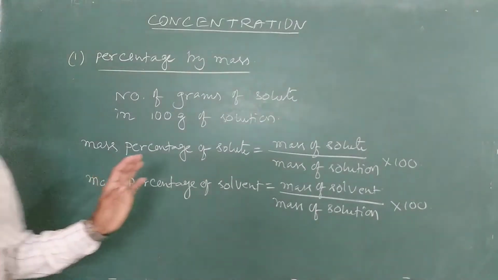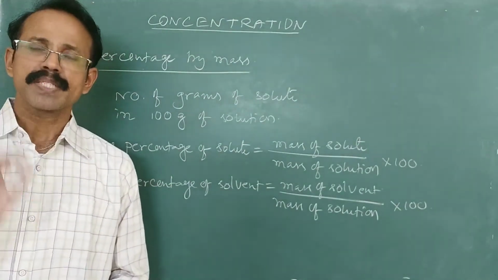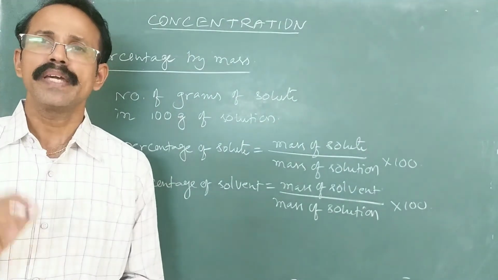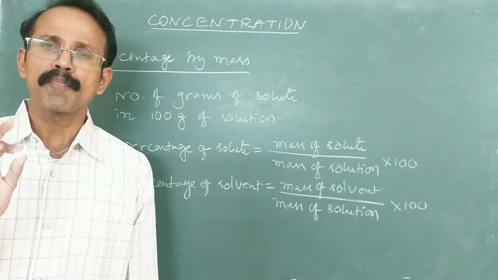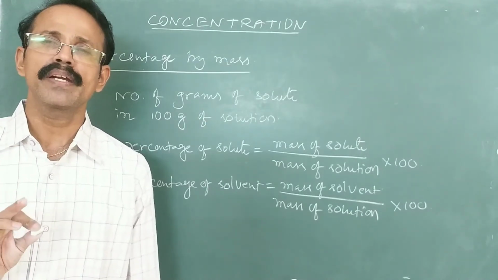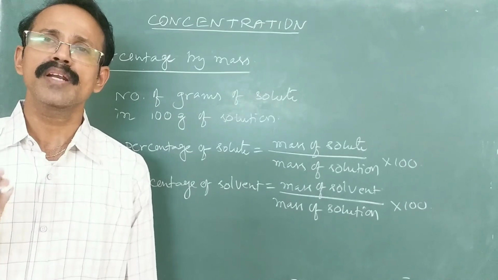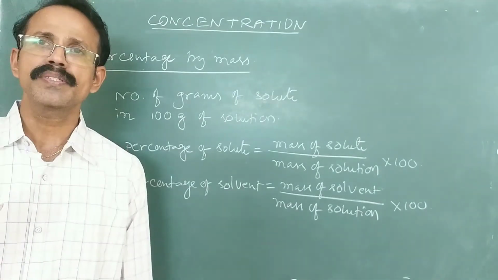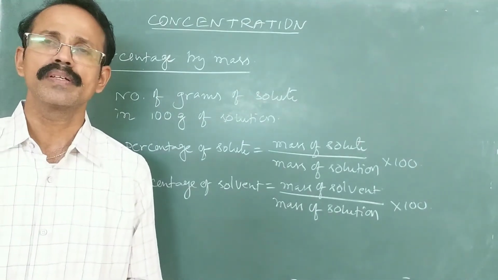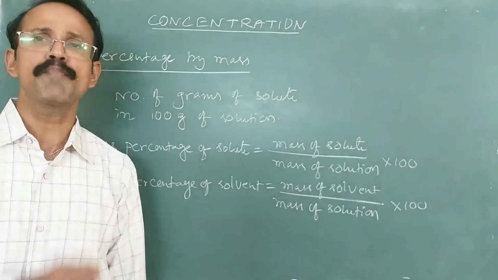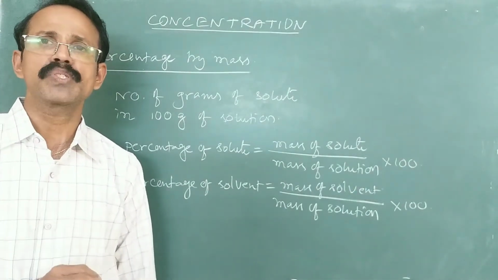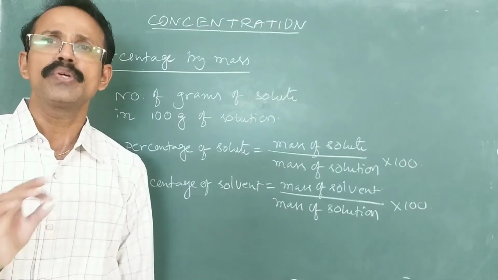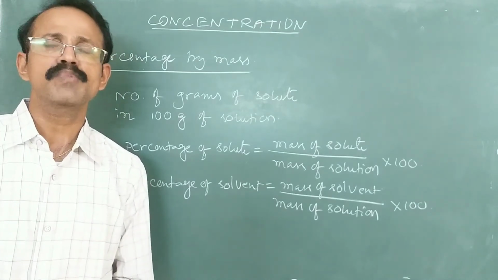So mass percentage of a component is equal to the number of parts by mass of a component divided by the total number of parts by mass of the solution into 100. For example, 40 grams of a solute is dissolved in 60 grams of the solvent.